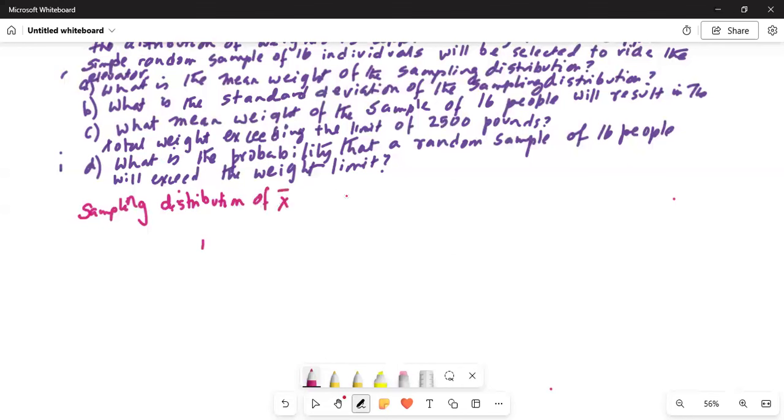And the sampling distribution of X bar looks like this.